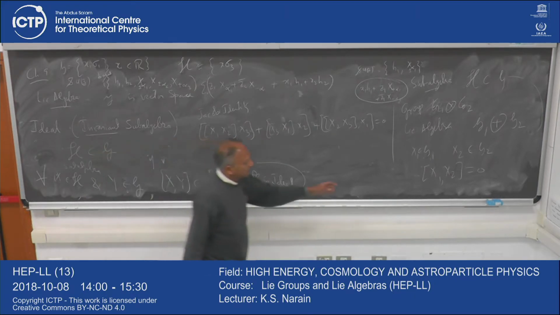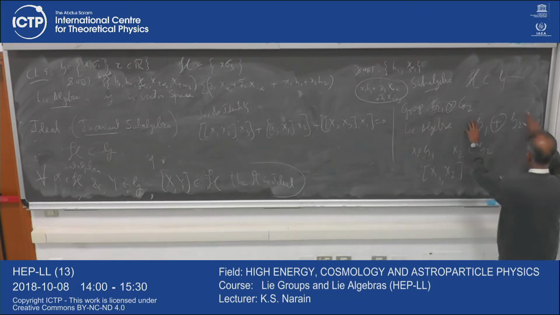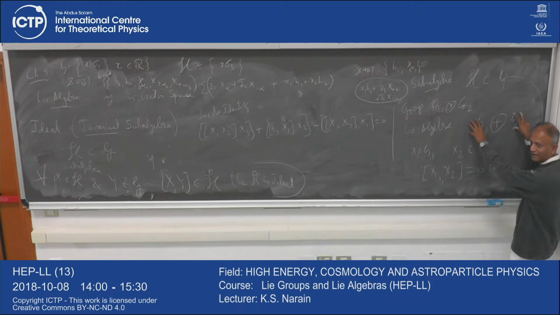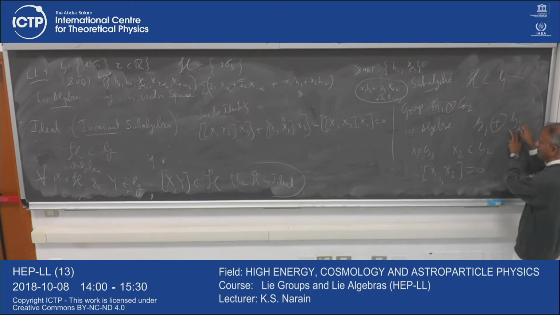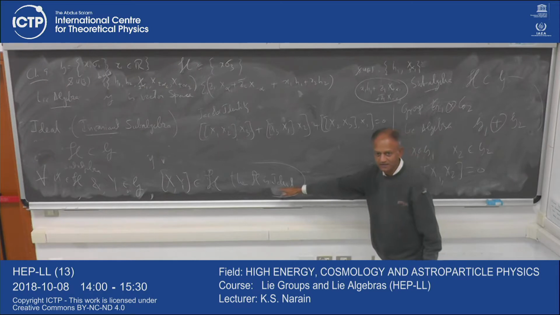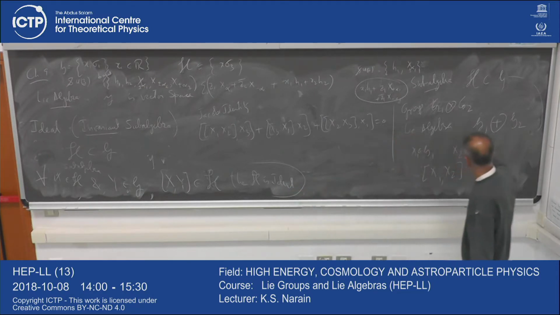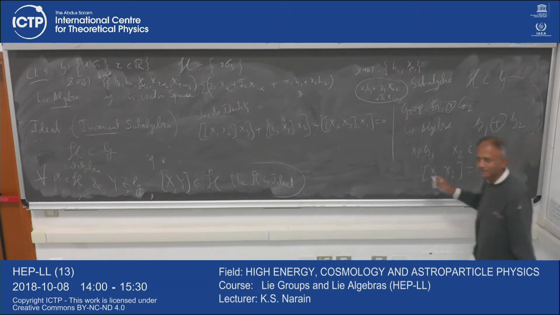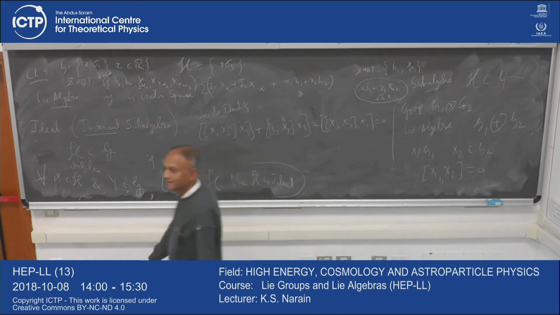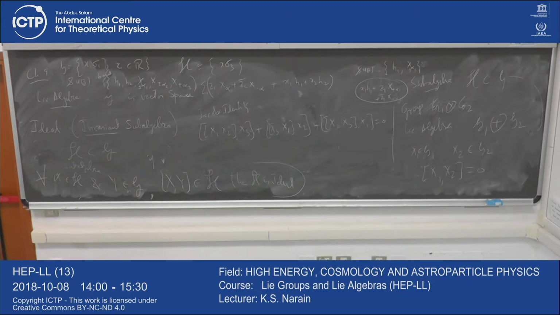Any element from one will commute with any element of the other. So the only non-zero commutator would be when both elements are in the same factor, but then the result is contained in that factor, which satisfies the definition of ideal. So in fact, both are ideals of the direct sum. But it's again a very trivial case. We proved the direct sum and direct product relation when we were talking about tensors, right?